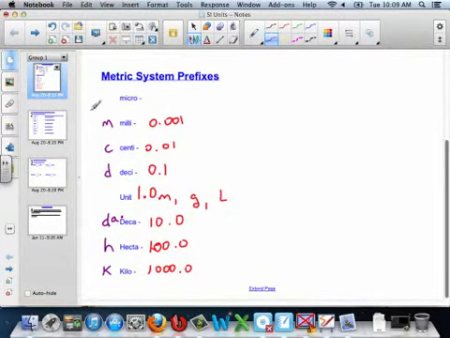A micro, represented by the Greek letter mu, is one out of a million. So it's really small. A micrometer is basically the thickness of a piece of paper. Look at the edge of your piece of paper. That's how long a micrometer is.